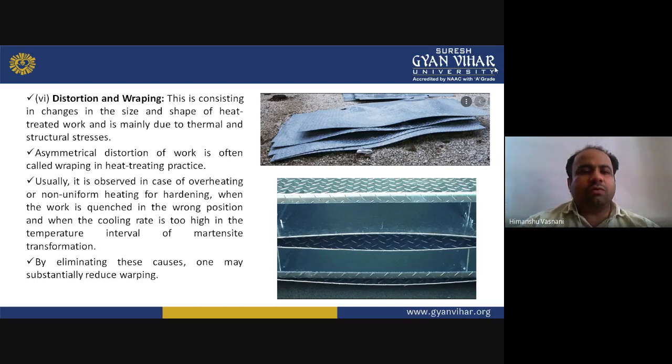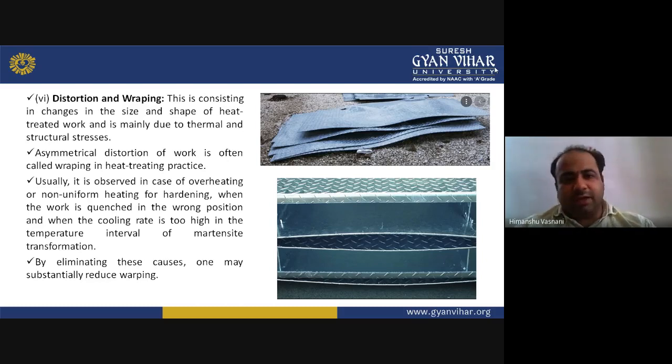Okay, so with overheating or hardening, you can see that quenching of work in the wrong position, or a cooling rate that is too high in the temperature interval of Martensite formation, causes this. If you want to avoid such distortion and warping, you should take care that such overheating doesn't take place.